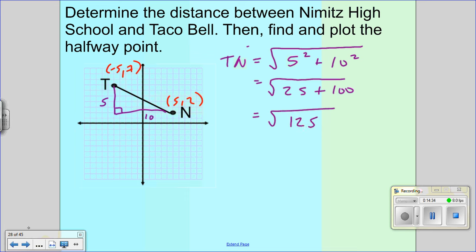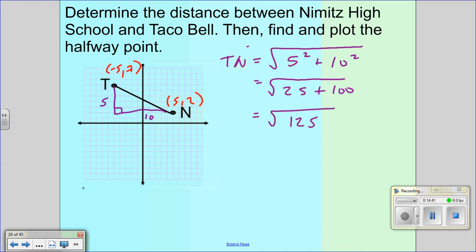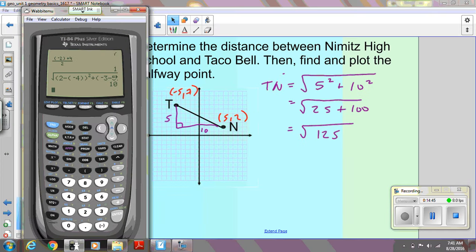Now let's grab our calculator and see what the square root of 125 is going to give us. Again, the square root is second x squared and type 125. It gives us a decimal.